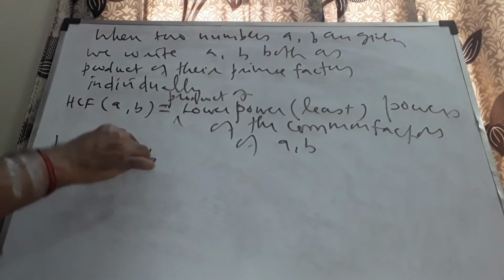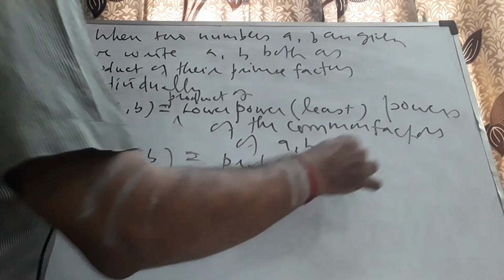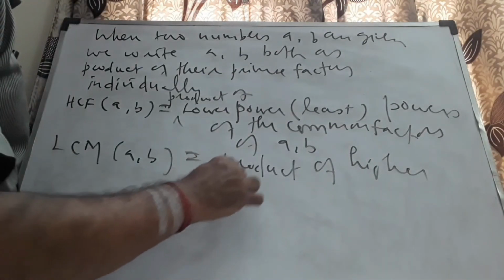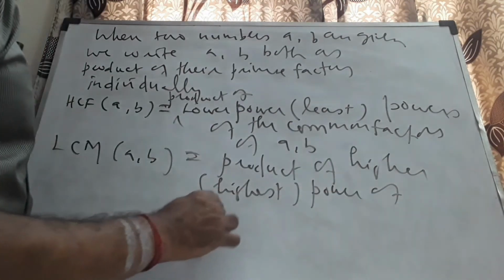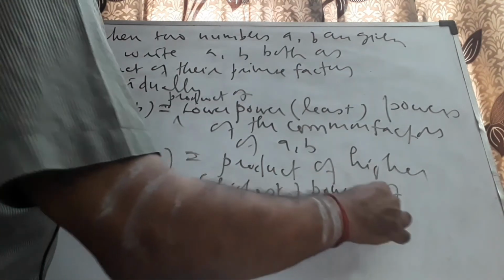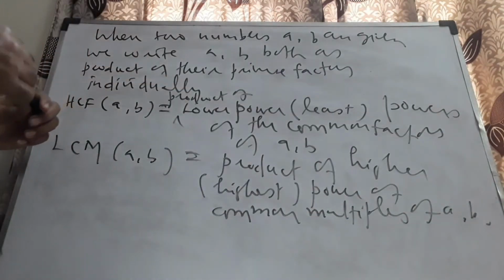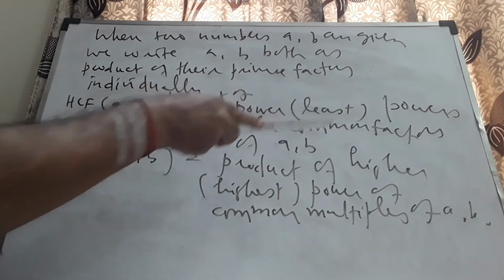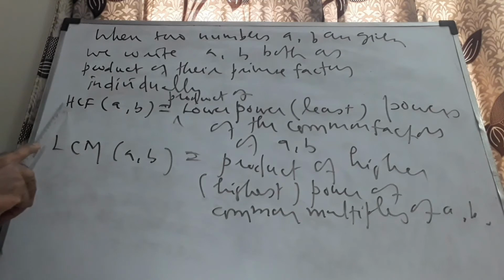Then LCM of A comma B is equal to the product of the highest powers of the common multiples of A comma B. I will take down all the entries having least powers of common factors of A and B, and the product of them will be the HCF.